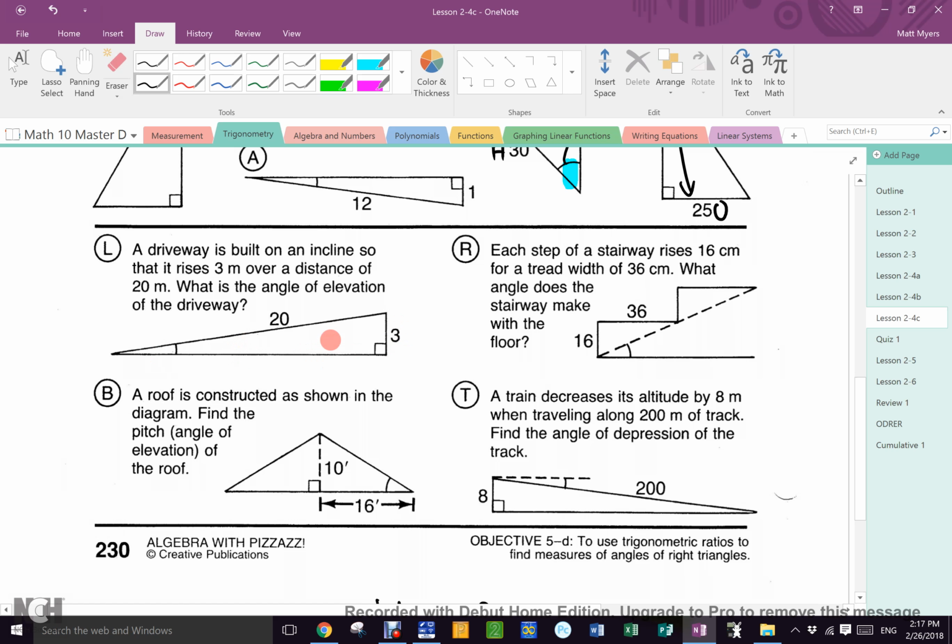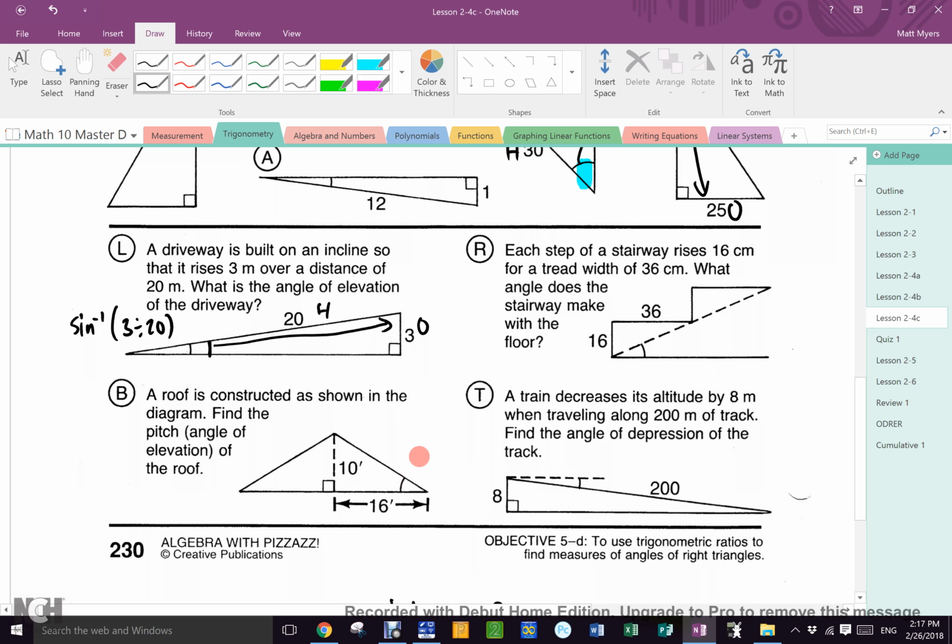But that's not correct, because if you were building a driveway, the driveway would be the hypotenuse. That's what you would drive on. That's why it's written this way. I need that angle. That is O. That is H. So this is shift sine 3 divided by 20.